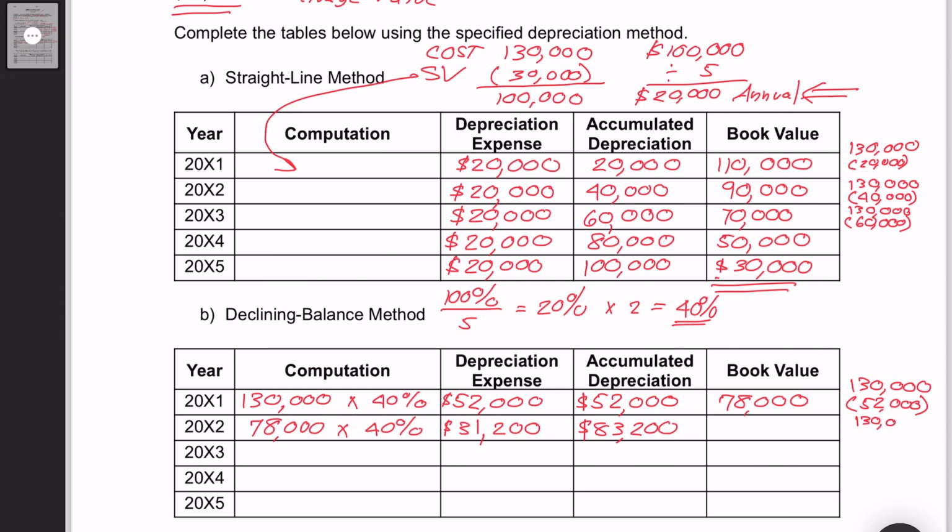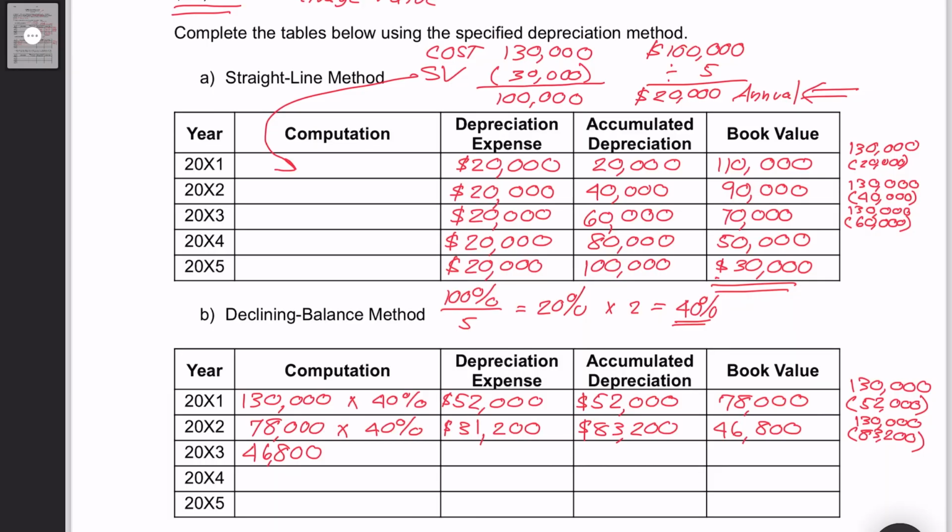We've got our $130,000 original historical cost, and we are now subtracting out the total accumulated depreciation of $83,200, which is going to give us a book value of $46,800. We're going to go ahead and take that $46,800 and we are going to put it over here, back in our computation.